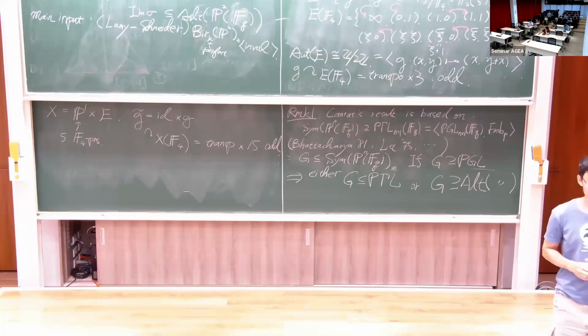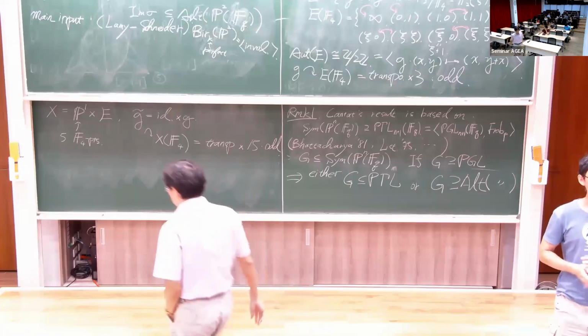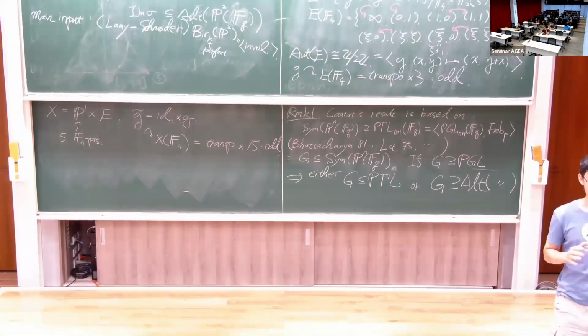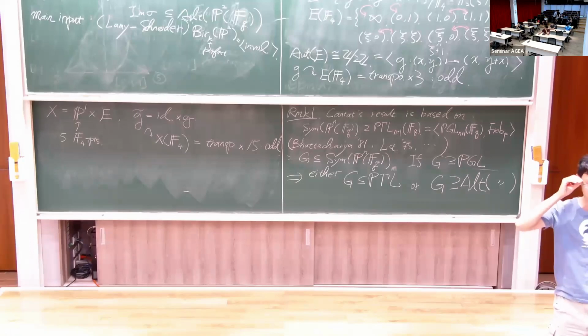I don't know. And also for the elliptic curve problem, I think the automorphism group of the elliptic curve is solvable because it's an extension of two abelian groups.